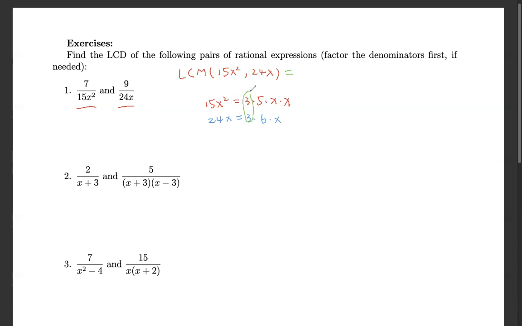So first we have a common factor 3. Then we have this 5. Then we have this 6. Then we have this common factor of x. Then we have this x. So 5 times 6, 30. 30 times 3, 90. So 90, x times x squared.